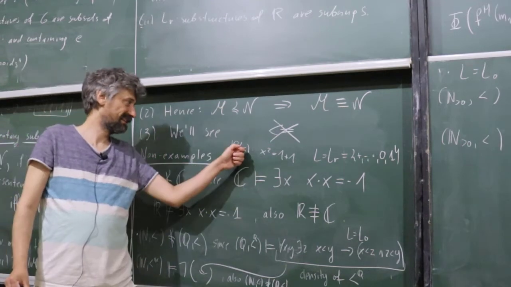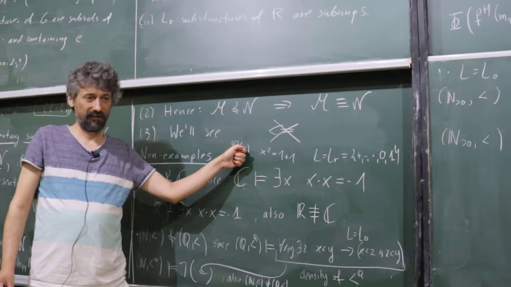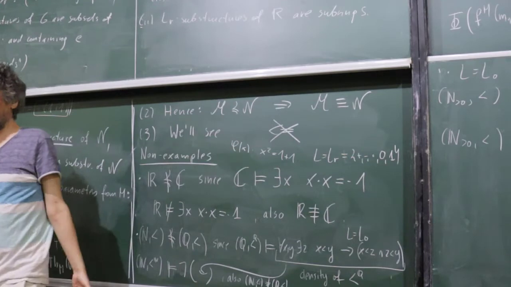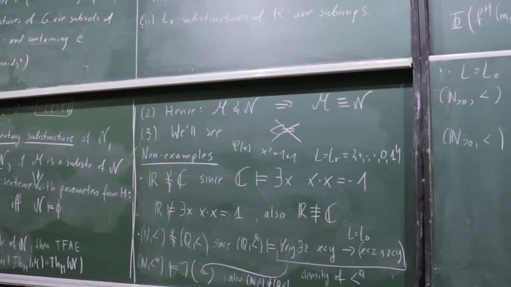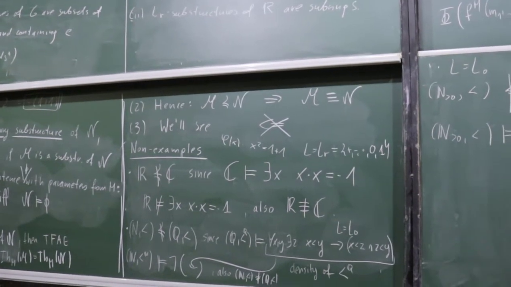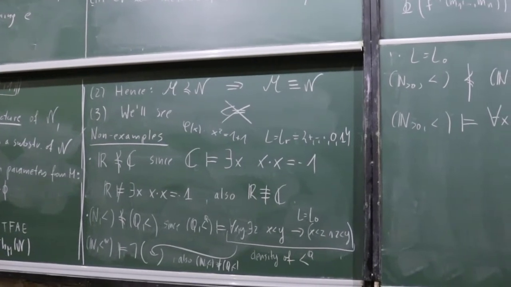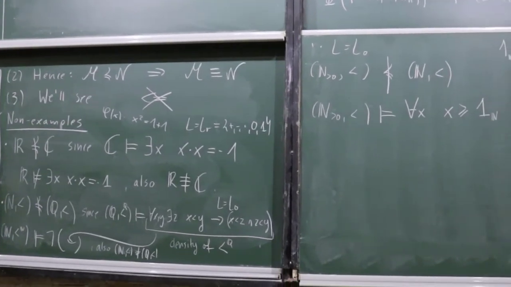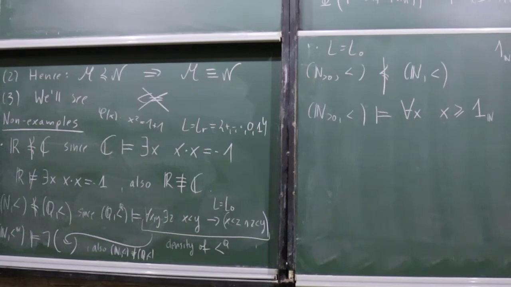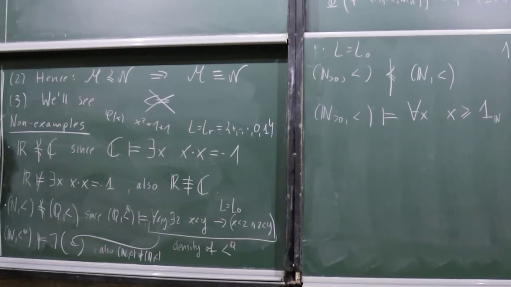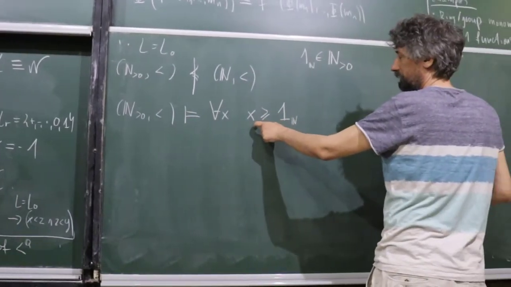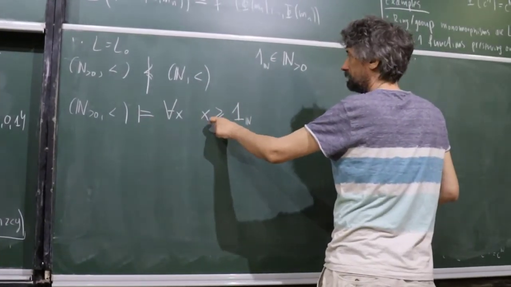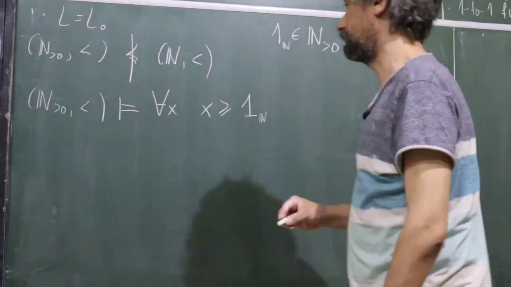Okay, and the elements which satisfy this formula, usually there are 2 of them in every model. And that's it. This is the square root of 2, I hope. Okay, but this is true. So 1 is the smallest element in natural numbers greater than 0.